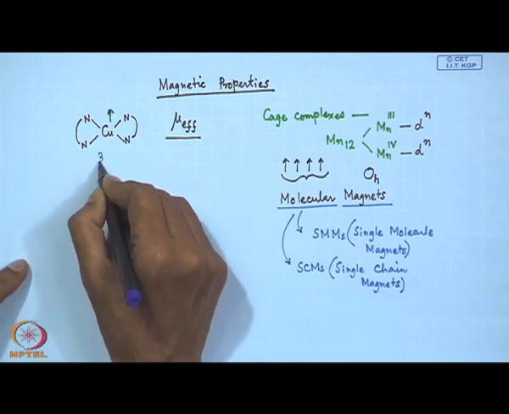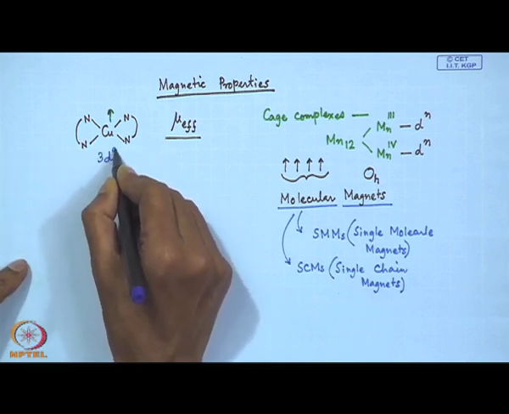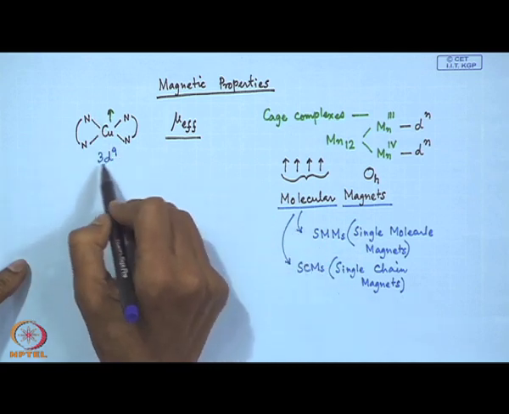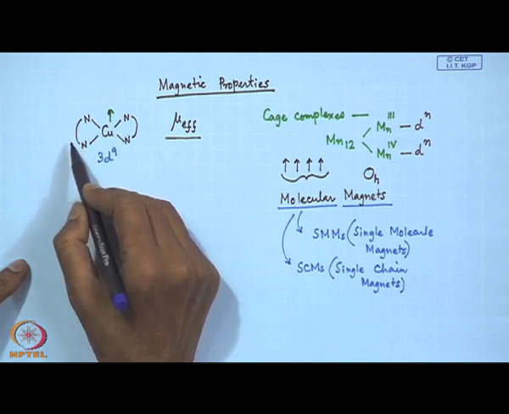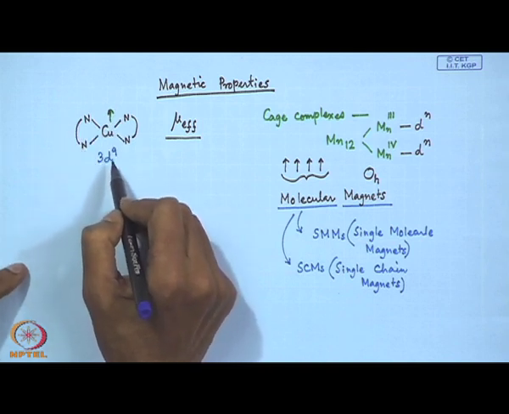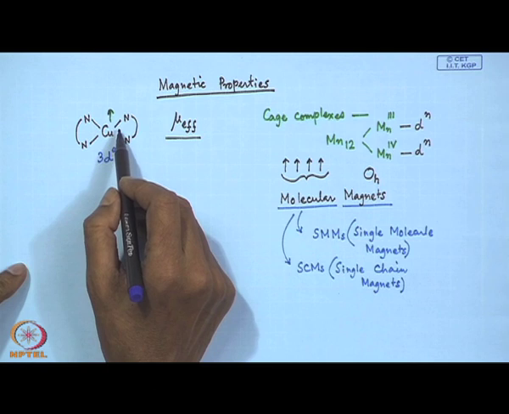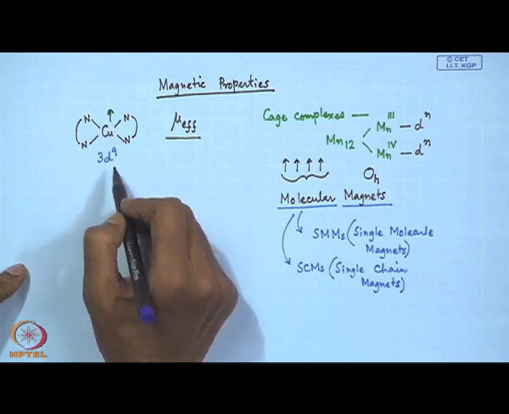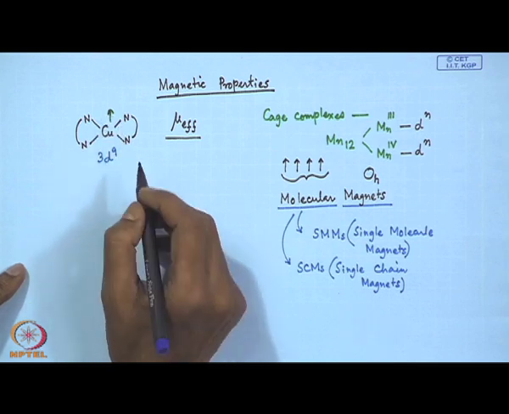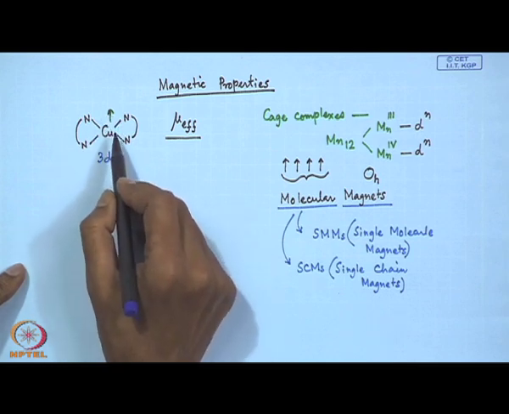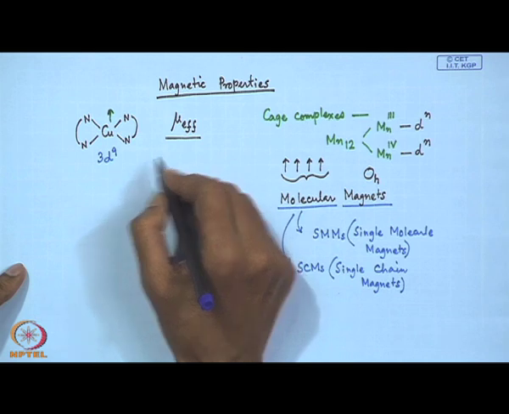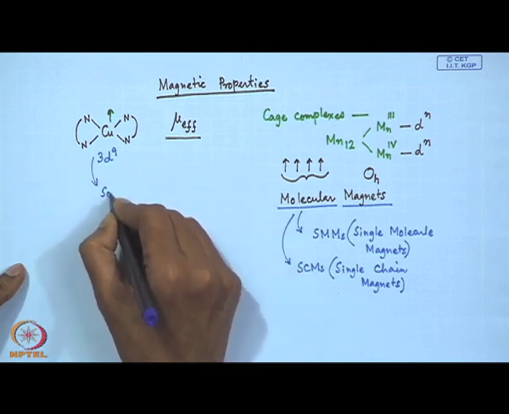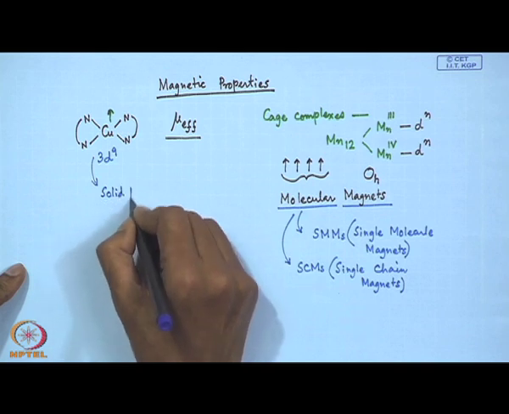Since we all know that this is a d9 system, whatever coordination geometry we put around the copper ion, in a 4 coordinated system, it can be either a tetrahedral geometry or a square planar geometry, we basically get the corresponding magnetic moment that we can measure in the solid state if we can get this compound as a powdered solid.